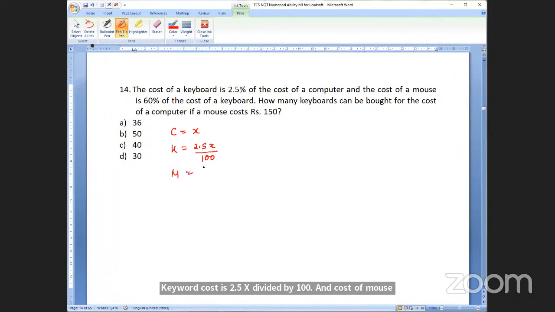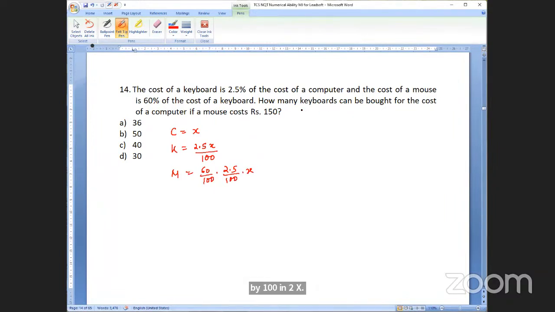That means cost of mouse is 60 by 100 into 2.5 divided by 100 into x. How many keyboards can be bought for the cost of a computer if a mouse costs 150? Now this is equal to 150.